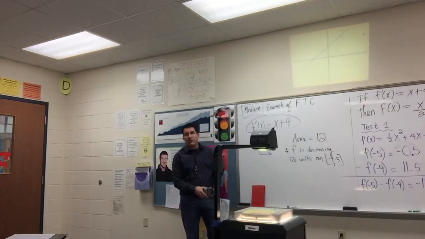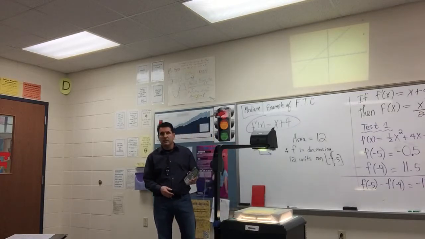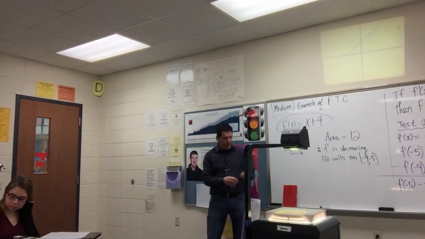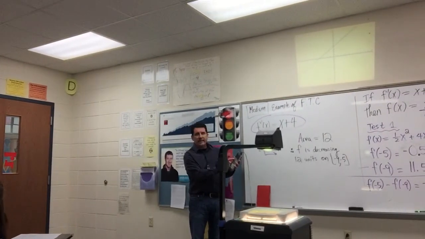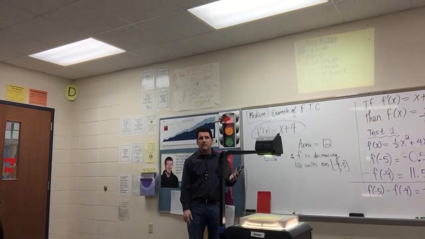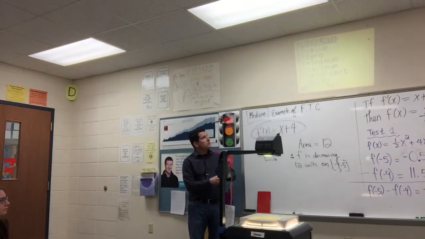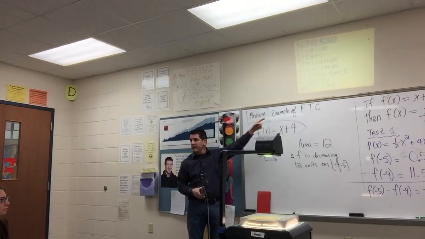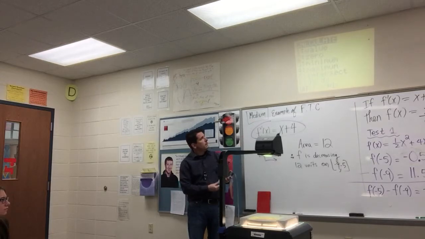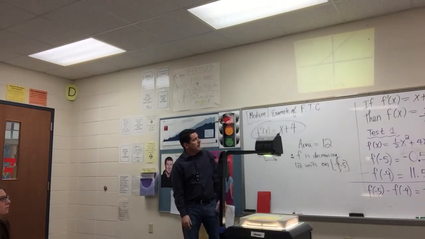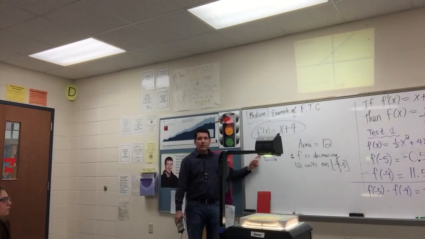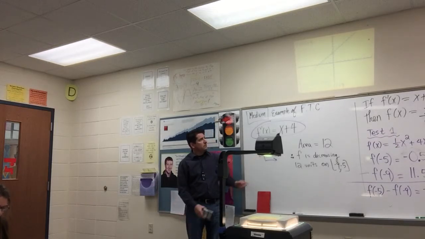And we can ask the calculator to give us the answer. So let's go have the calculator do that. Press second, calc. And then go down to number 7, which is your little integrator. Okay. And it asks for the lower limit, which is the left number. So lower left, which is -9.